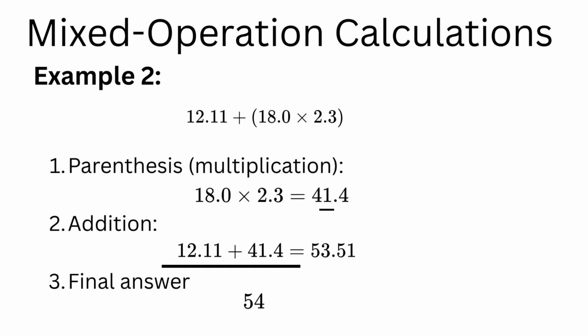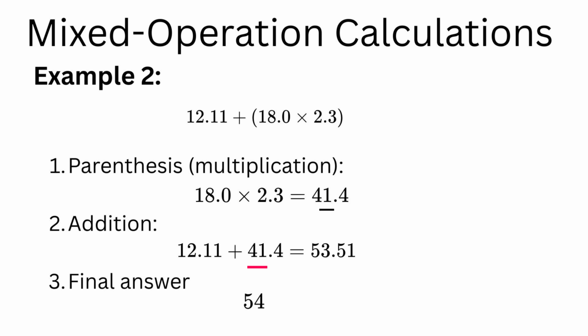So now let's move to the next operation. 12.11 plus 41.4. Again, recognize I did not round 41.4 yet. So 12.11 plus 41.4, put it in your calculator or do it in your head. It's going to be equal to 53.51. But again, in the first operation, you are allowed to keep 2 sigfigs. In the final operation of addition, understand this, 12.11 has 2 decimals, but that 41.4, you were only allowed to keep up to 41.